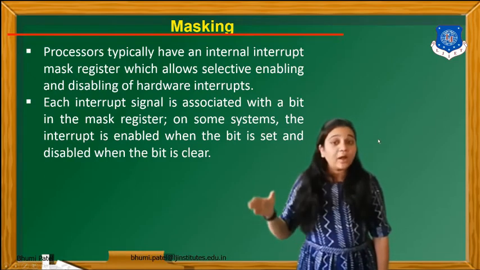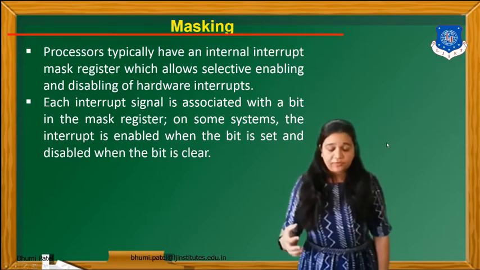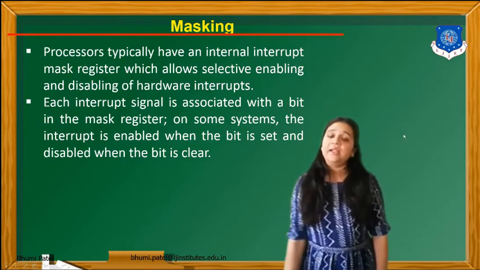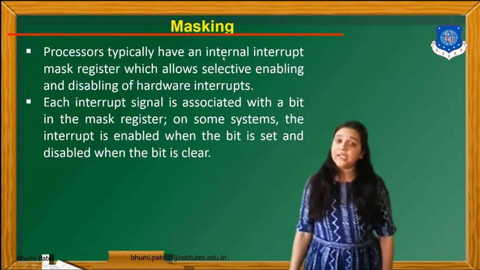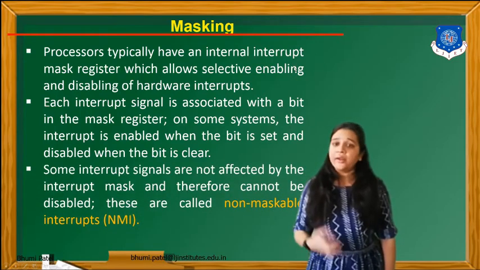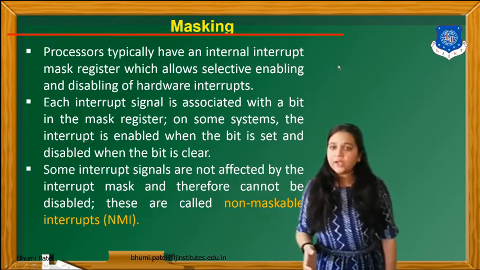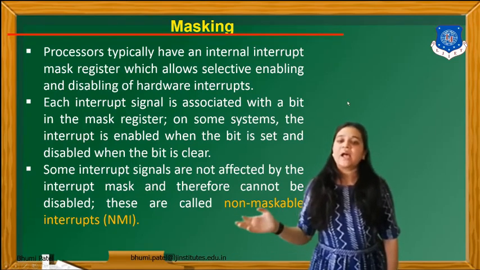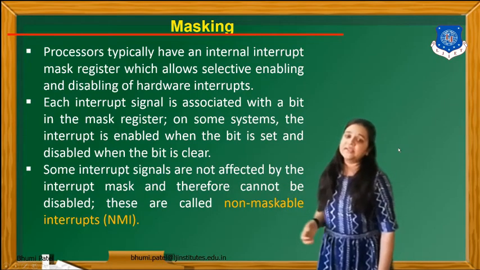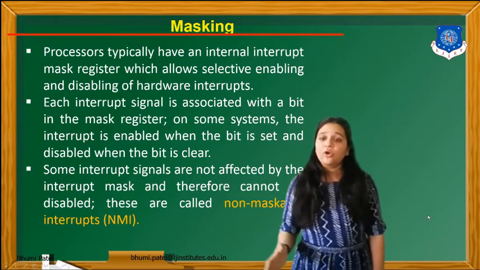Depending upon the 8-bit register or the 16-bit register, we can set or reset the bit, and that is when we use the masking interrupt. Now some interrupt signals are not affected by the interrupt mask and therefore cannot be disabled. These are called non-maskable interrupts. As we discussed earlier, we have two states, 0 and 1.